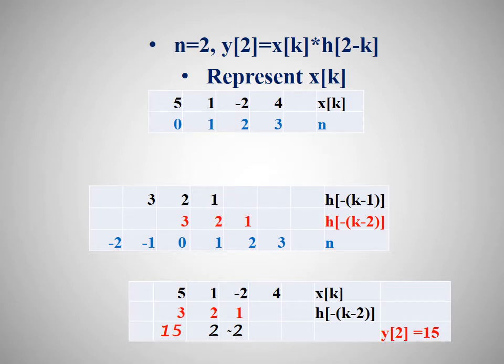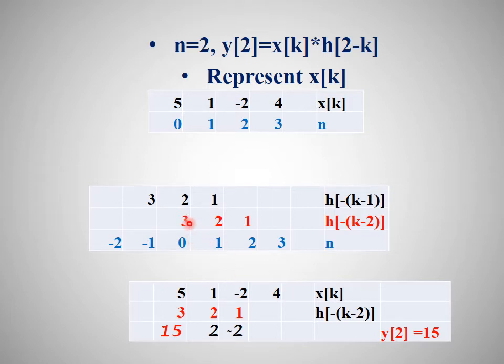So, rewriting, we get the expression at n equal to 0, 1 and 2 as 3, 2 and 1. Let us rewrite that x of k is going to be, at n equal to 0, 1, 2 and 3, 5, 1, minus 2 and 4.